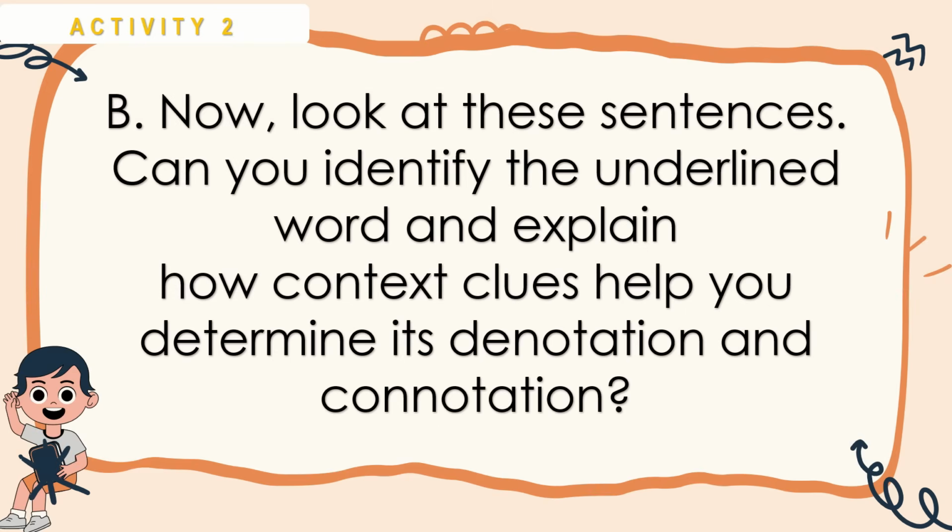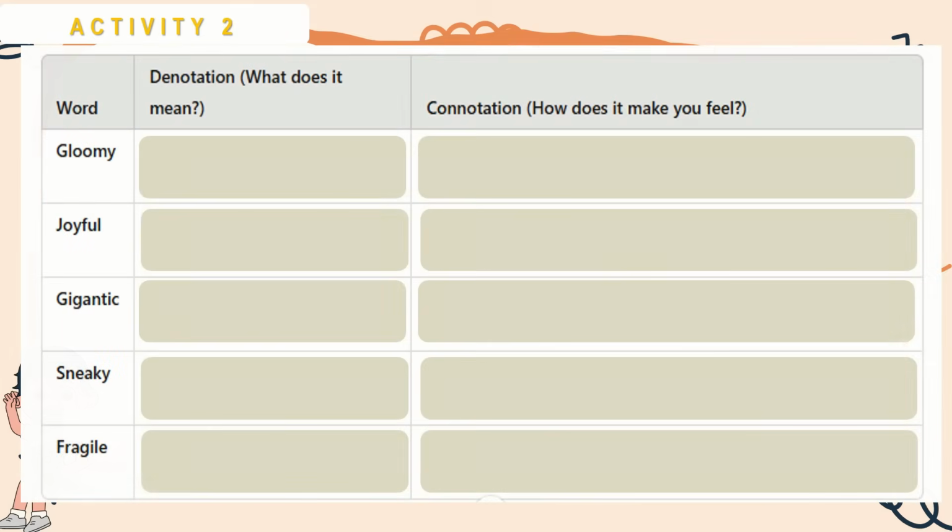Letter B. Now, look at these sentences. Can you identify the underlined word and explain how context clues help you determine its denotation and connotation? Here are the words gloomy, joyful, gigantic, sneaky, fragile.